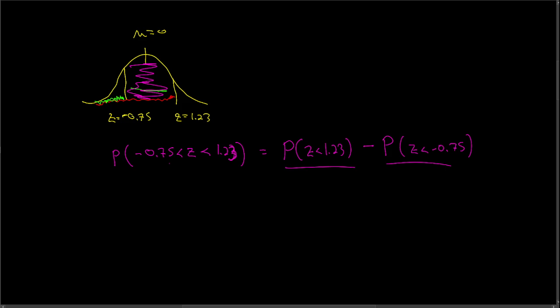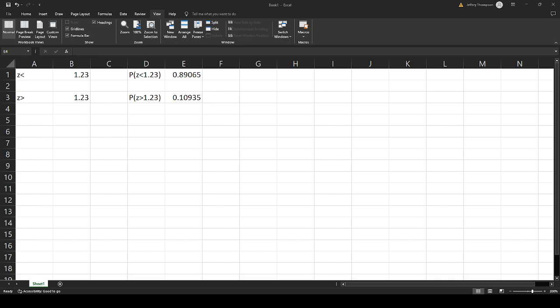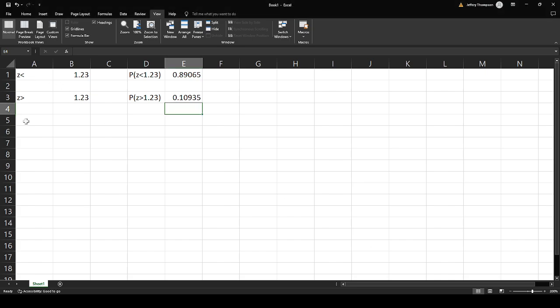And what this is going to look like in Excel is, let me put z in the middle. So z, we'll wedge it in here. Negative 0.75 is the lower bound, and 1.23 is the upper bound.